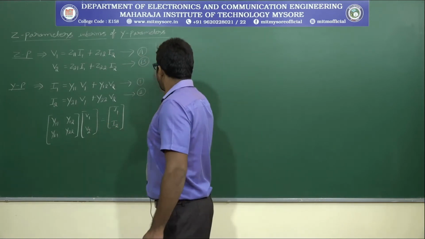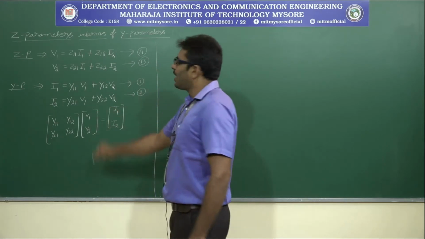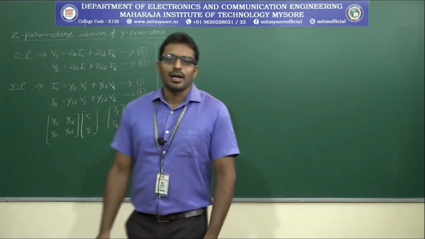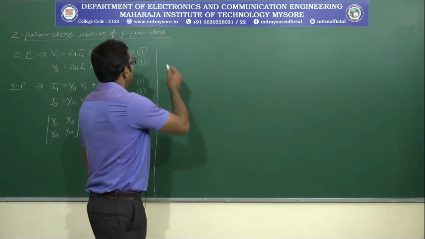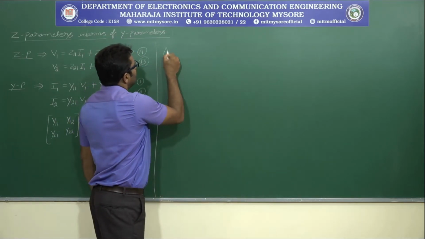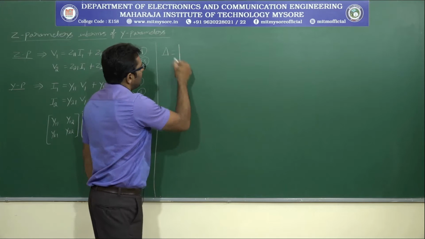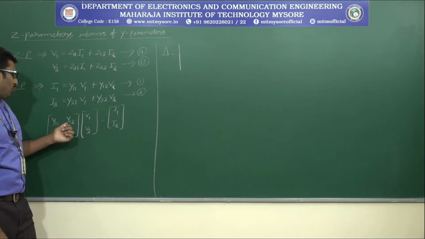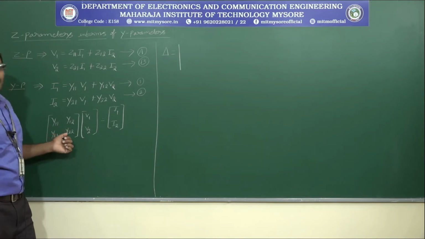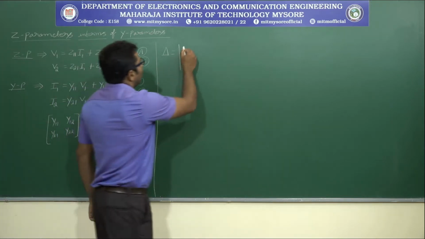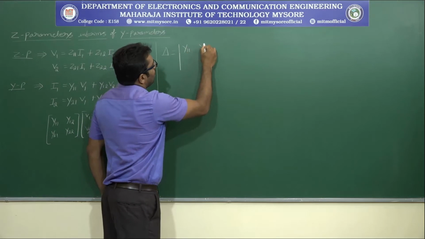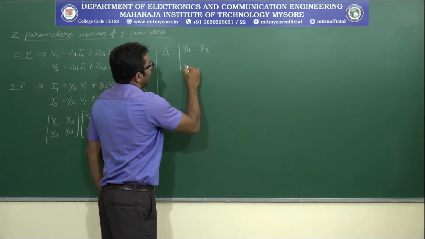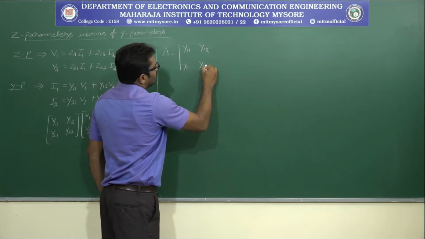See how to solve this matrix form using Cramer's rule. First, get the expression for delta. Delta is equal to the determinant of Y11, Y12, Y21, Y22.